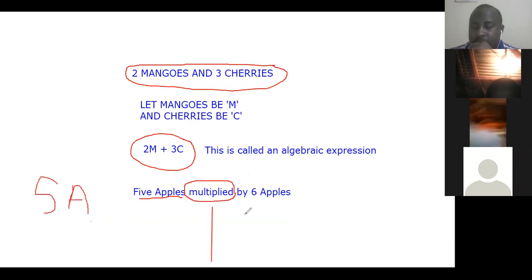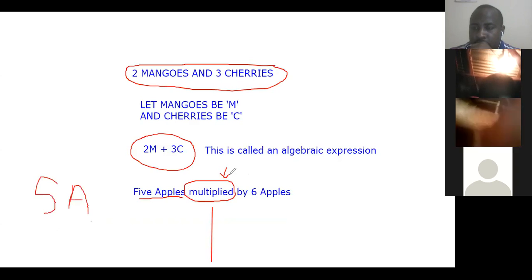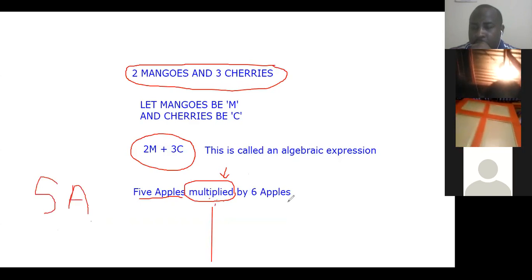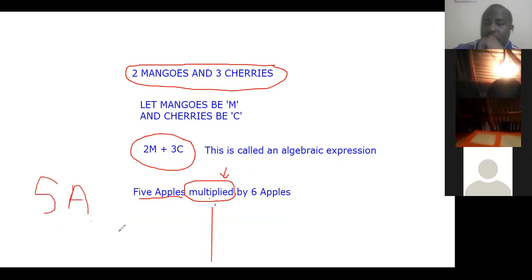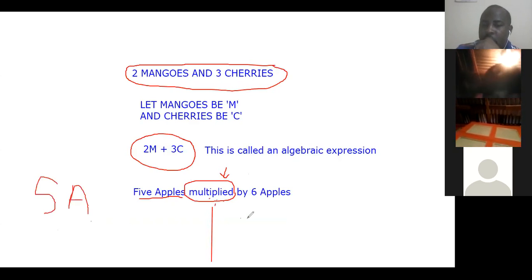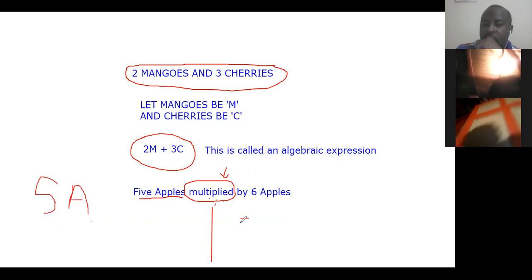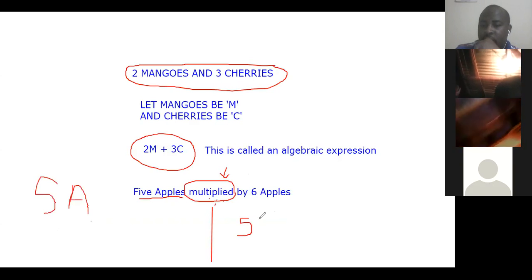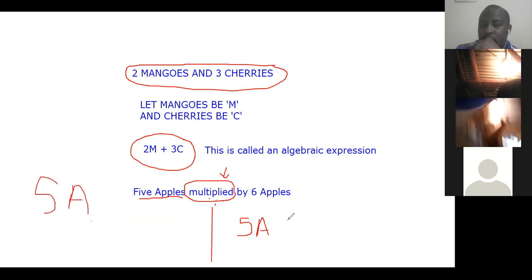You see the operation here? Five apples multiplied by 6 apples. So, Dujan, you're correct. If you just finish it, it's going to be 5 A's multiplied by 6 A's.